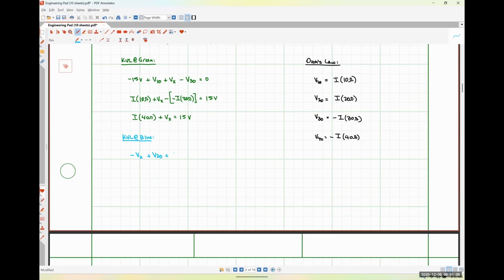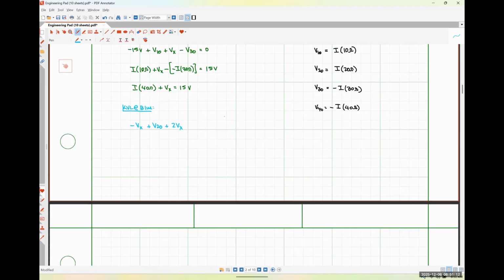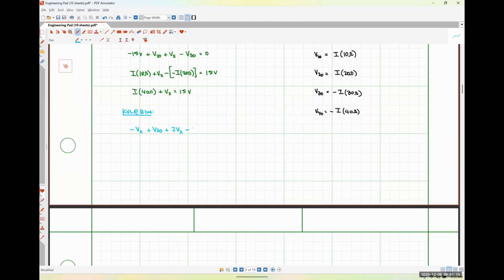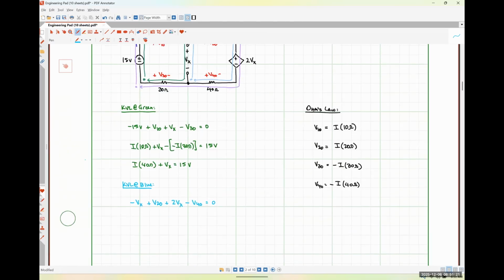Then I see the positive polarity terminal of that dependent source providing 2Vx. And then I see the negative polarity terminal of the voltage V40. And I'm now back at the node that I started from.